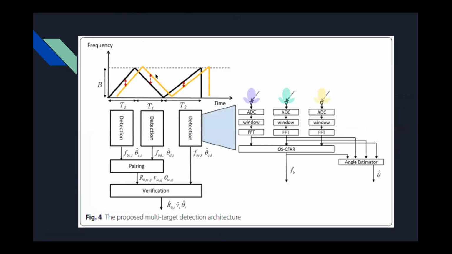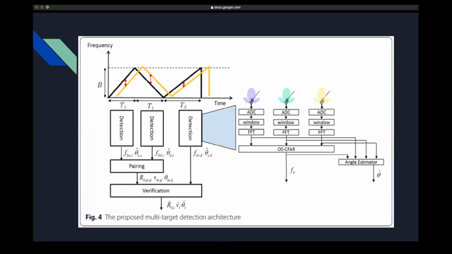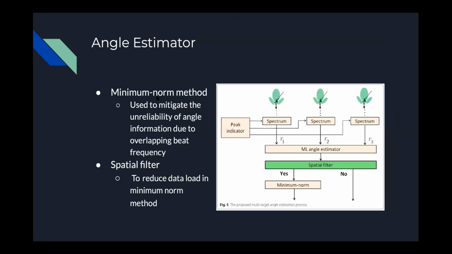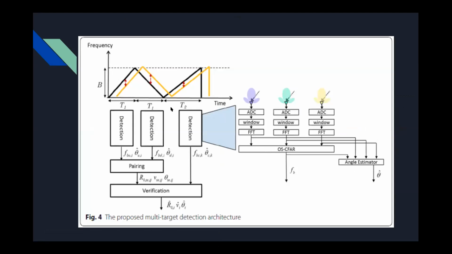So this is the overall proposed multi-target detection architecture mentioned in one of the papers. This basically involves the three-segment approach that Prince explained just now, and it has a pairing part, where from the first two chirps we get the R and V values, and a verification part for ghost target removal.